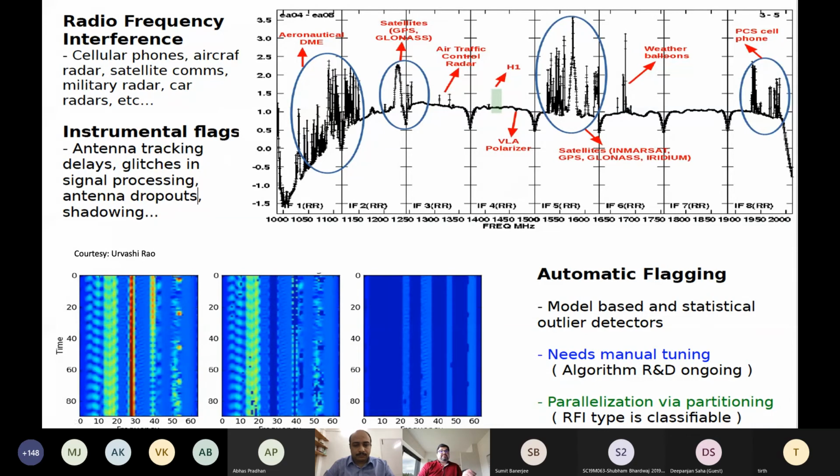Sometimes you can localize it in time. Suppose you are looking at this time frequency plot, just like we are looking here. If only a particular timestamp is problematic, looking like it is giving you higher power than the others, you can understand this is something which cannot come from the sky.